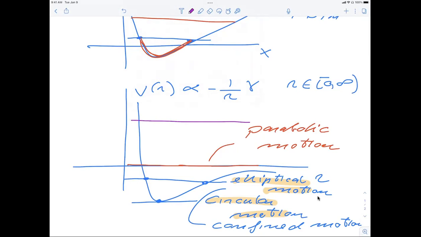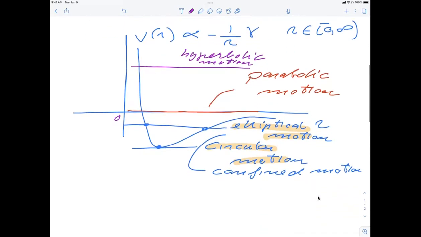Then, if you now have an energy which is larger than 0, so we're assuming that this has an energy scale where this is 0, this is going to be called the hyperbolic motion. Now, when we are going to plot this in terms of real objects, if we now look at a possible way to visualize what we have.